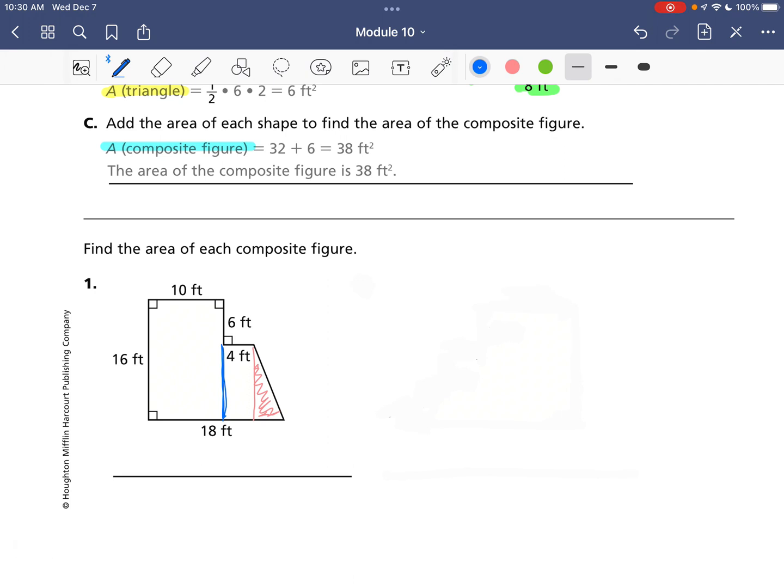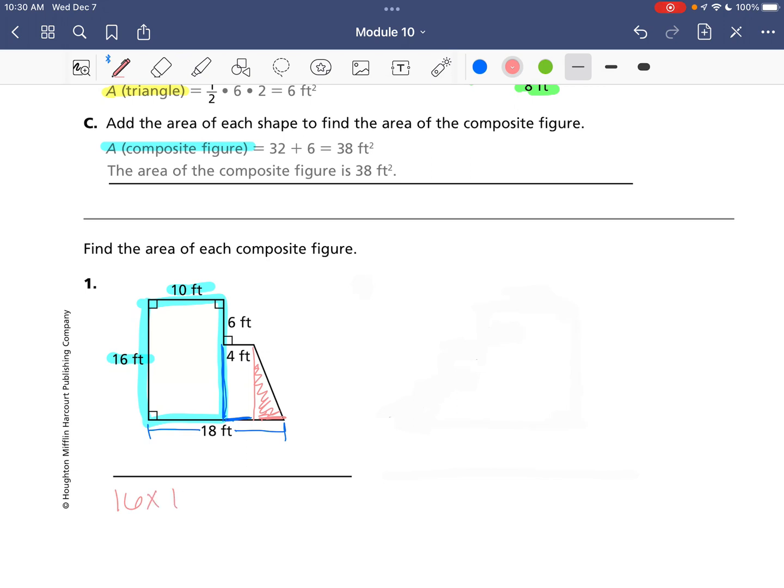So here we have 18 feet is this whole measure. But we need to figure out this part on the bottom and this part on the bottom. So let's start with doing our big rectangle first. It's gonna be our 16 times our 10.